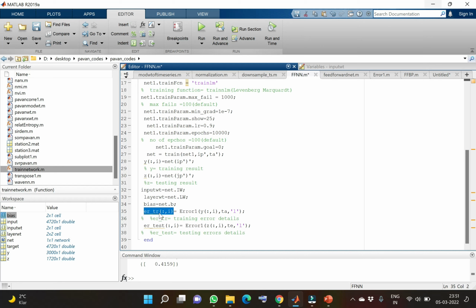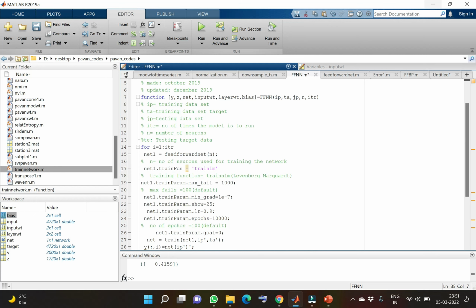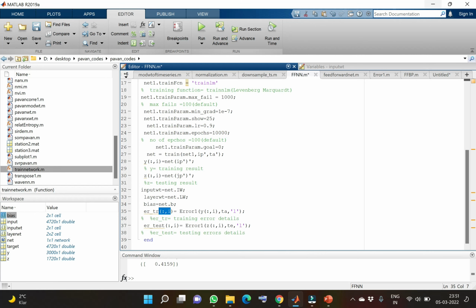Error underscore tr represents the training error with i. Why did I write this in each sentence? Because I want to save n number of results. If I give more than one iteration, it will save as many times as I give the value there. That is why we are saving this, and error underscore test represents the testing errors.